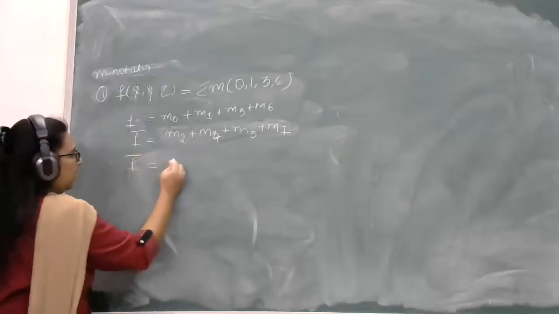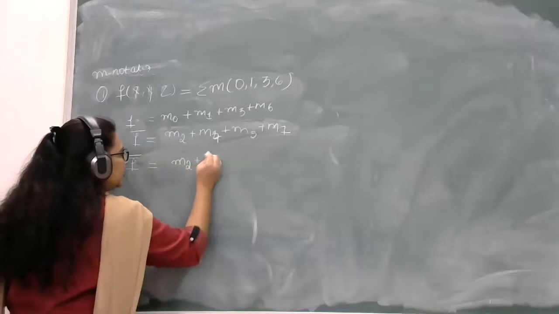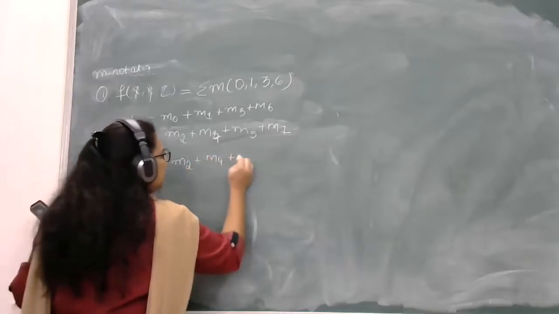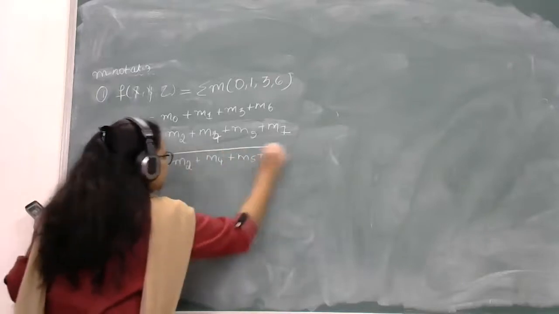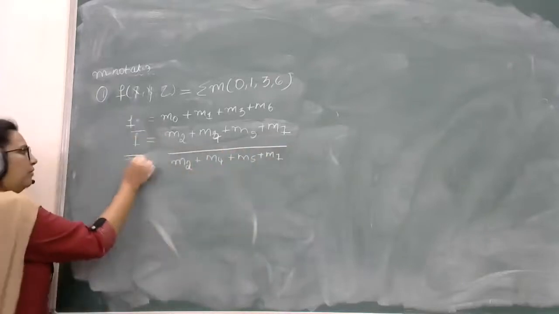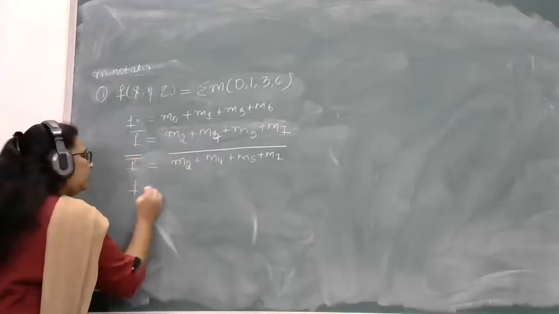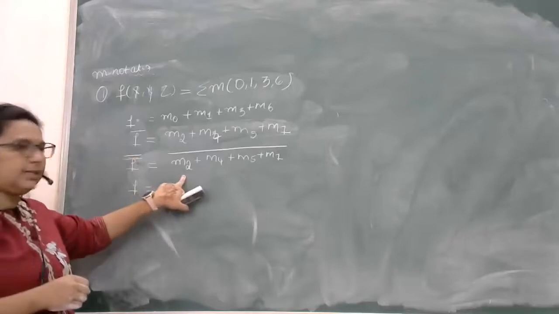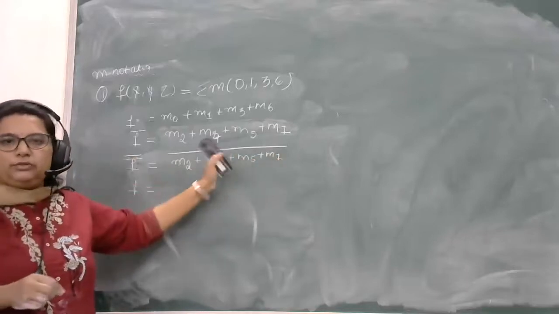F double bar is nothing but m2 plus m4 plus m5 plus m7, whole bar. I took the complement one more time, and f double bar is nothing but f only.